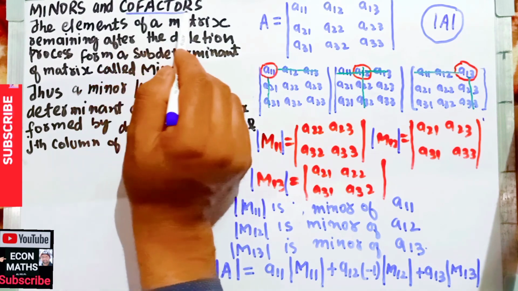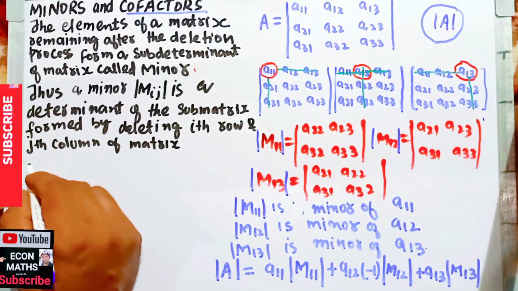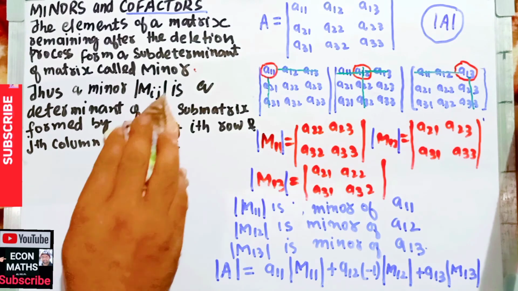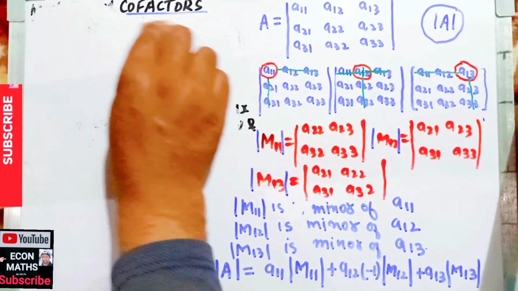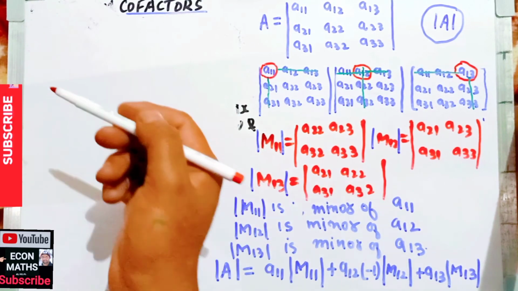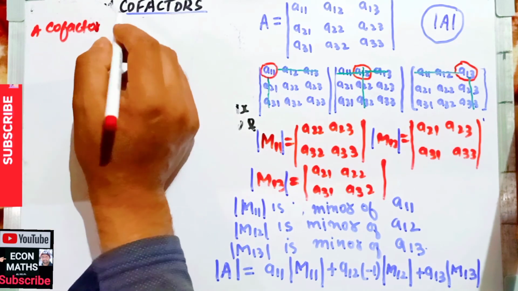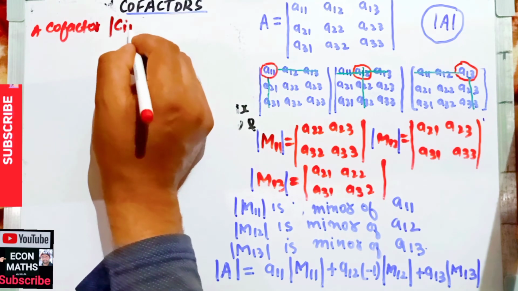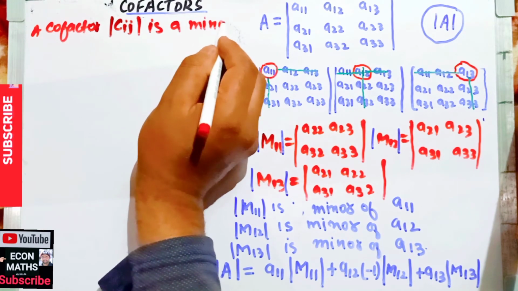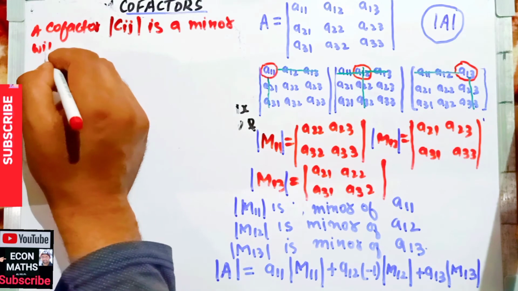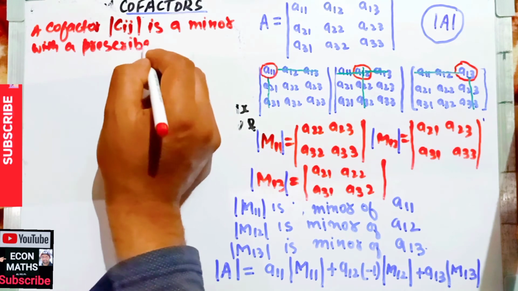Now this cofactor, I will write the definition. So first I will erase this. Now a cofactor, that is denoted by Cij, is a minor. This is also a minor with a prescribed sign.